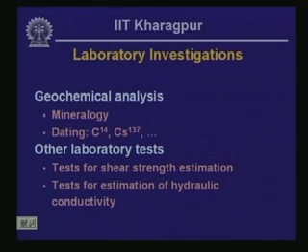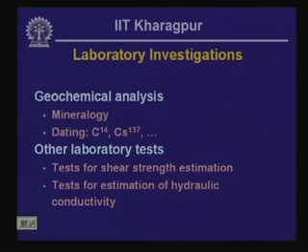Then geochemical analysis also includes dating, to estimate the age of that particular geologic unit. And dating could include radiocarbon dating, carbon 14 dating in fact, or cesium 137 dating, or there are several other procedures for dating of a particular geologic unit. Then there are other laboratory tests.